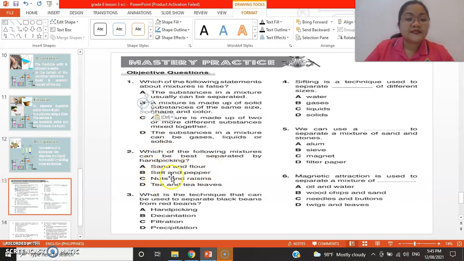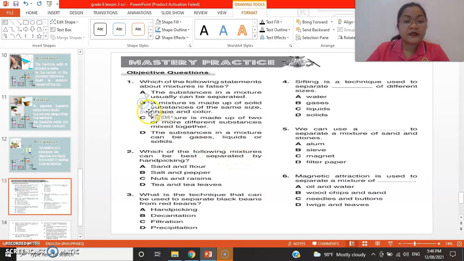Letter B, salt and pepper. Letter C, nuts and raisins. Letter D, tea and tea leaves.